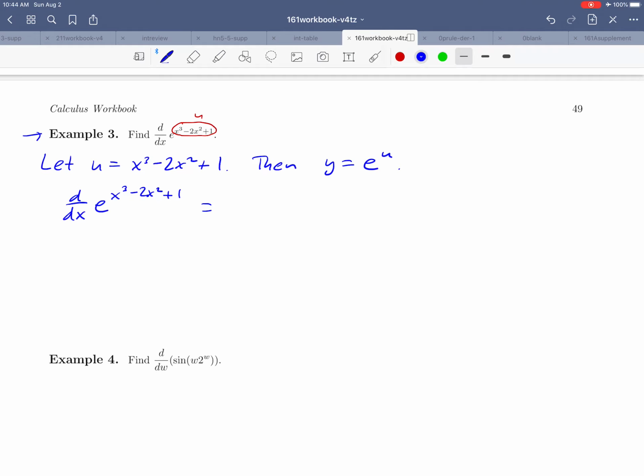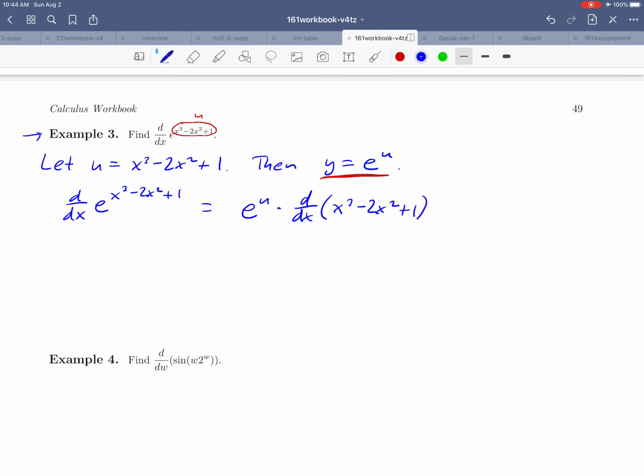So the chain rule, to do that, we start by taking the derivative of the whole function, which is sitting up here. What's the derivative of e to the u? Well, it's just e to the u. Stays the same. That's the first part, and then we have to multiply by the derivative of just the u. That's the second piece of the chain rule.